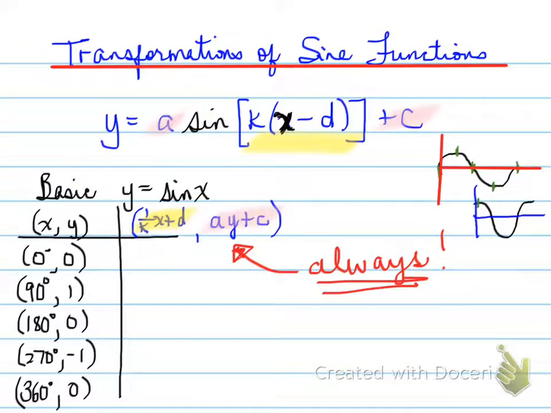It would start at 0, 1, then go to 90, 0, 180, negative 1, 270, 0, and back to the top again. So again, what we're looking at here is the basic sine or cosine. In the 3M class, we're only focusing on the sine function. In the 3U, we're focusing on both the sine and the cosine.